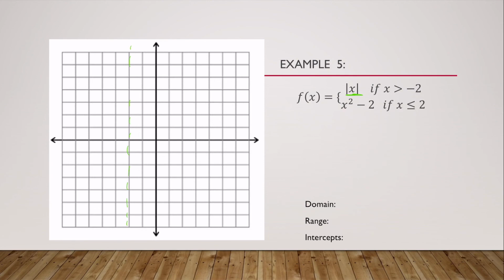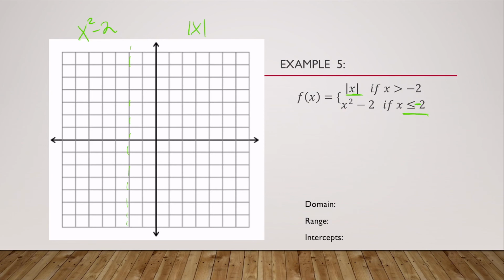If x is greater than -2, I've got the absolute value of x, so that'd be on this side. And then I have x squared minus 2 if x is less than or equal to -2. So that's going to be over here, x squared minus 2. That's where my function is defined.